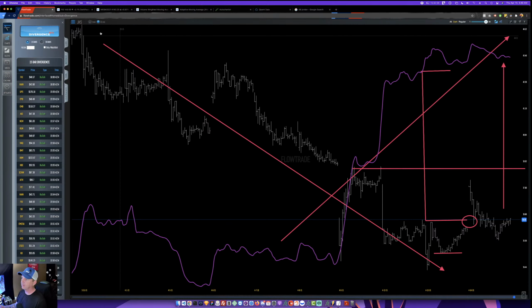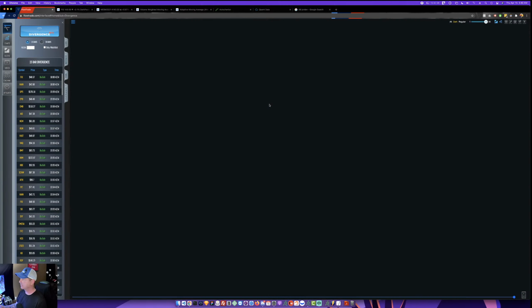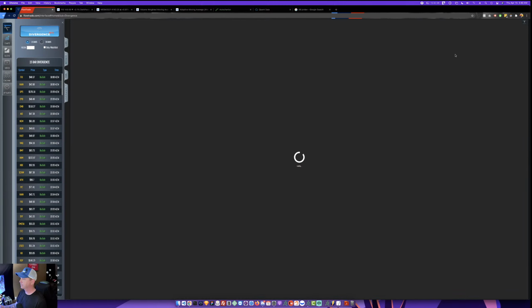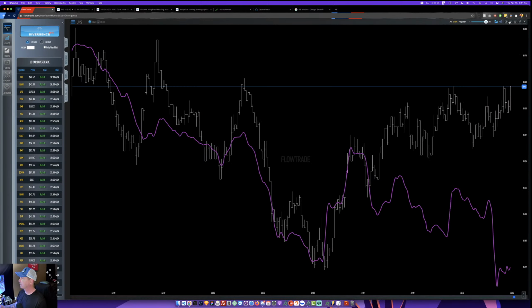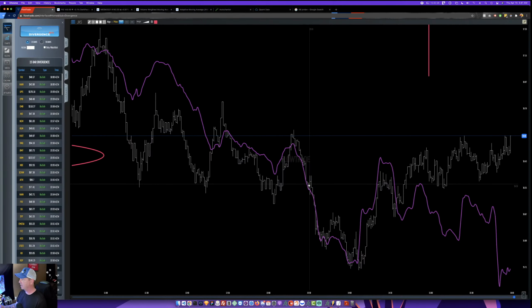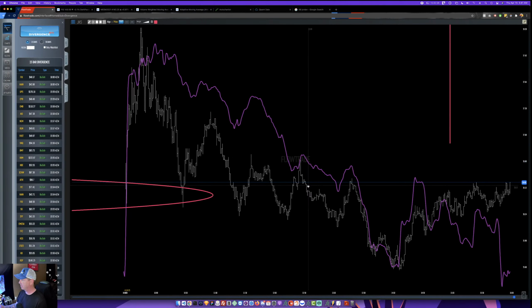On the 1 minute chart for JKS, as you can see, the algo is basically trading with price action. We've got divergence on the 1 minute chart.